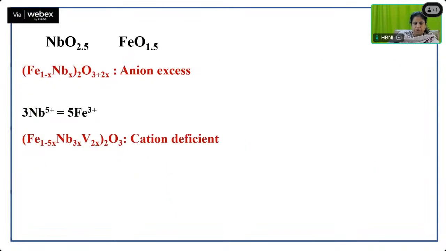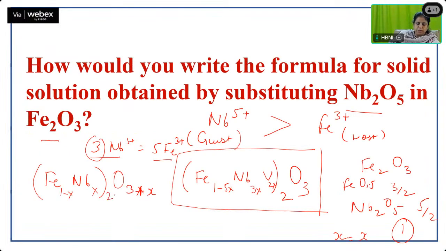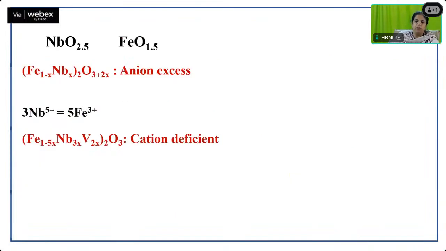So every Nb needs 1 oxygen more than iron, x, but in the stoichiometric formula, because I'm not touching the cationic side now, I have to take care of its coefficient, which is 2. So 2 into x, giving 3 plus 2x. And that is how I write the formula for the anion excess solid solution when I'm substituting this into this.